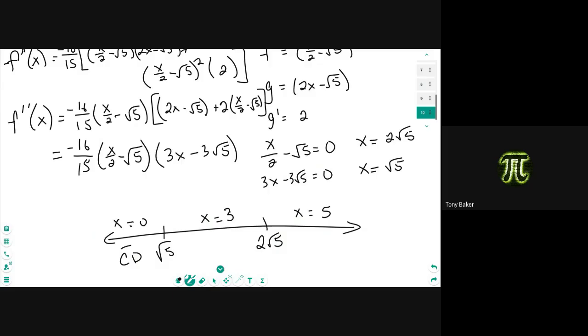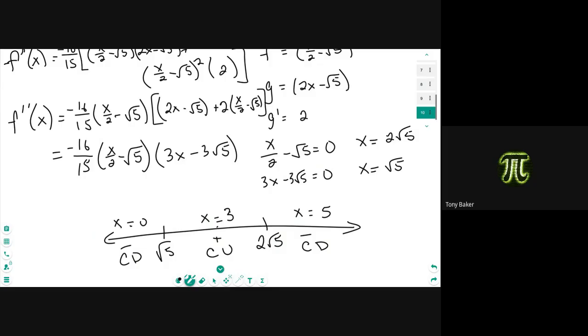At 3, it's positive. And at 5, it's negative. So it does switch concavity at 2 square root of 5.